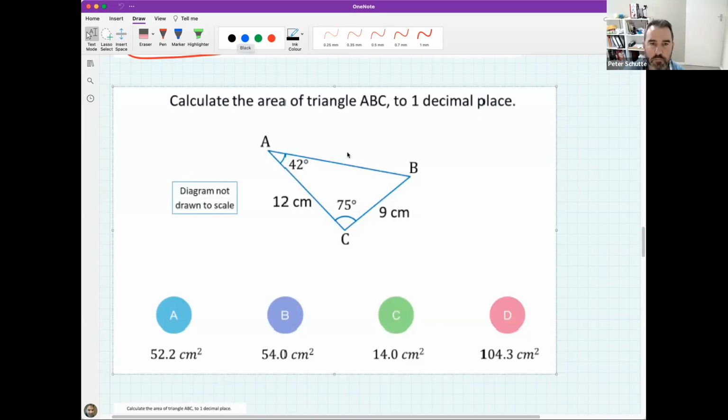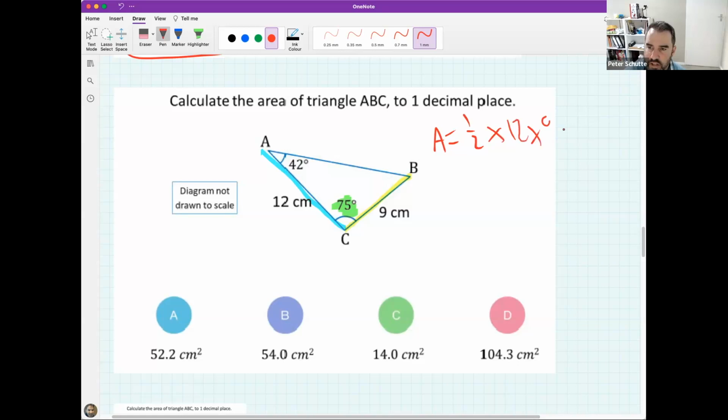Okay, so the main part of this question was to realize that the relevant information are these two pieces and this angle. This angle at the top here is irrelevant. So what you should have done is said the area is a half times 12 times 9 times the sine of 75.